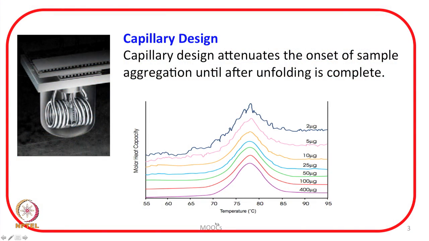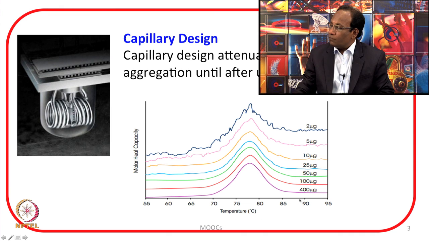As we can see here, typically 400 microgram of the sample gives a very nice unfolding curve. You start from here, and you see a very nice shape of the unfolding curve is obtained.